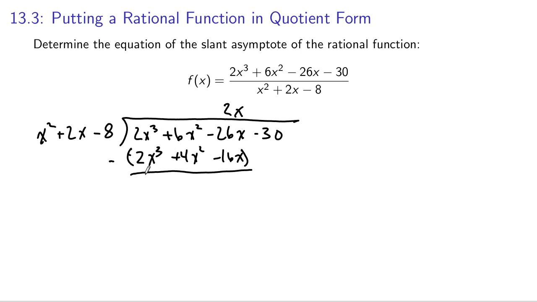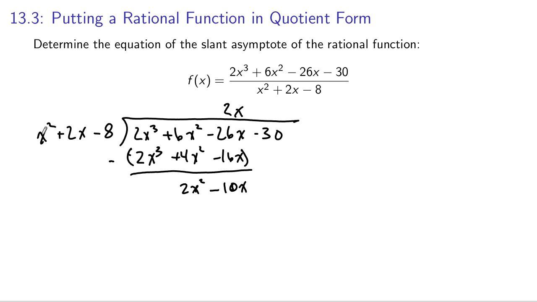So 2x cubed minus 2x cubed is 0, 6x squared minus 4x squared is 2x squared, minus 26x plus 16x, which is minus 10x. And of course the minus 30.